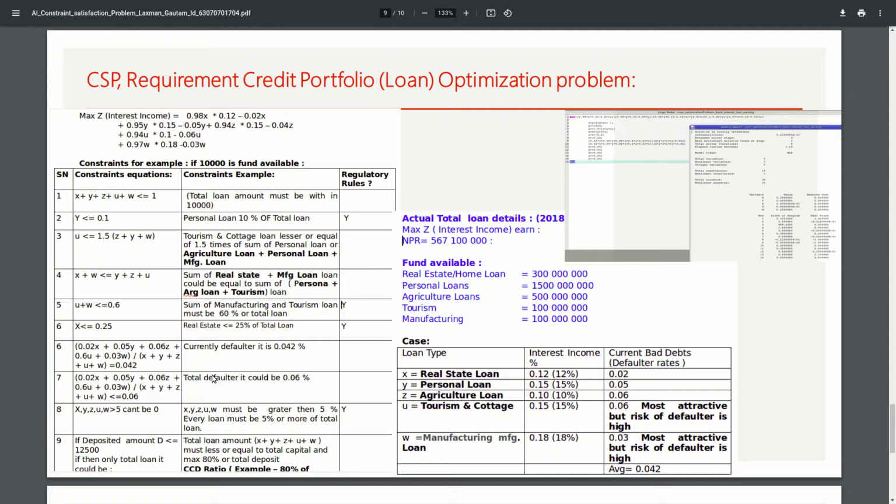The problem domain becomes really complex here, and I tried to solve this problem. First I tried with Lingo, and Lingo is not able to solve the problem because it says infeasible solution space, since it has a large number of variables.